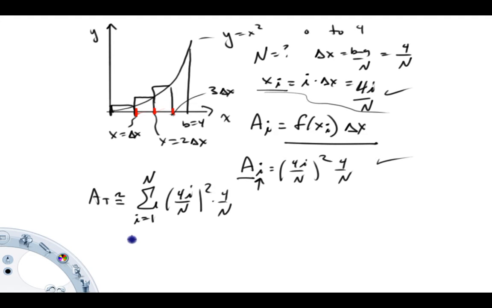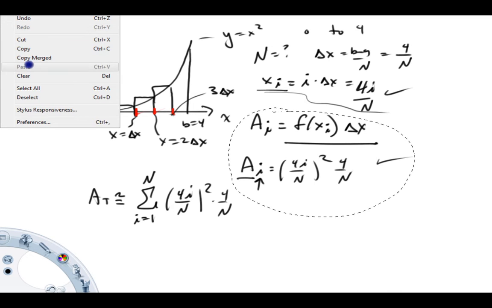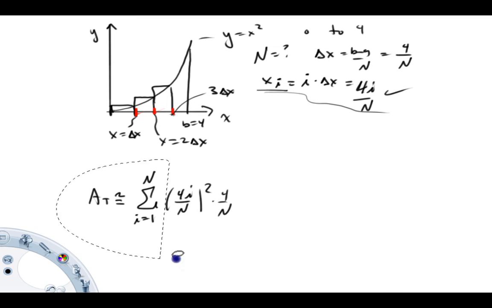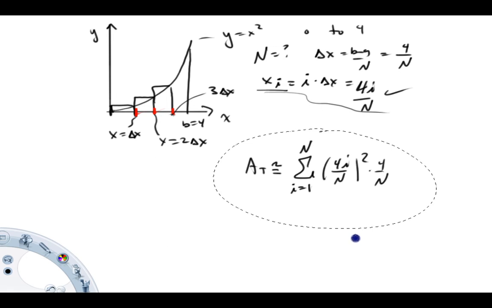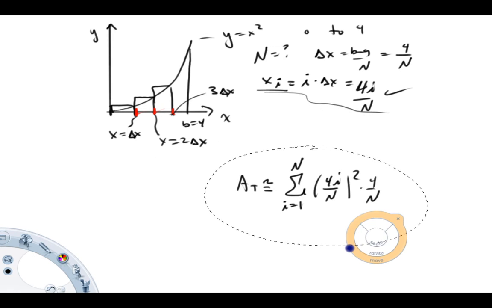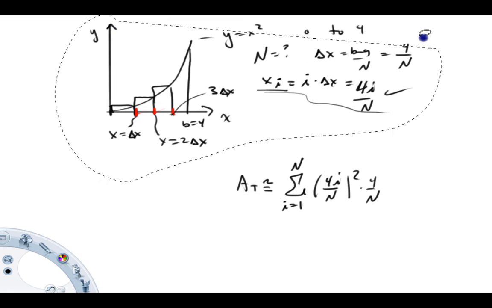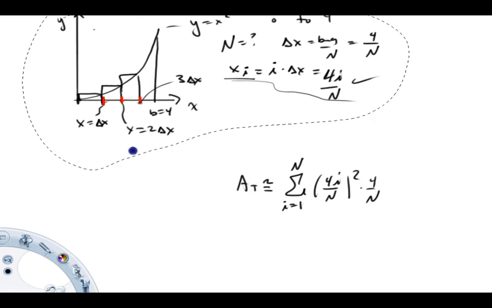All right, so now we've got to figure out what this thing is, or how do we calculate it? I don't need this stuff anymore, so I'm going to make myself a little more room. Okay, so now calculating this thing.